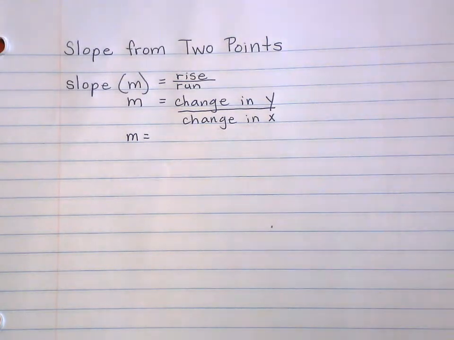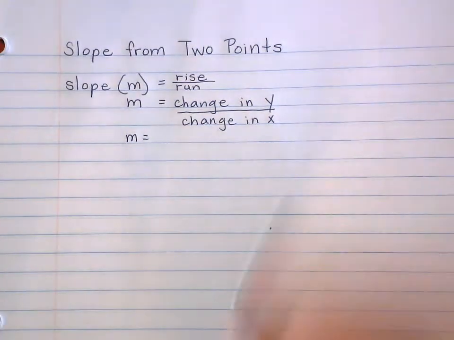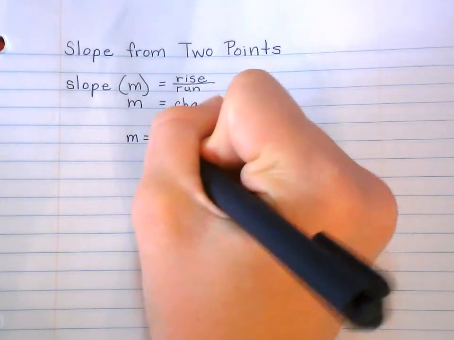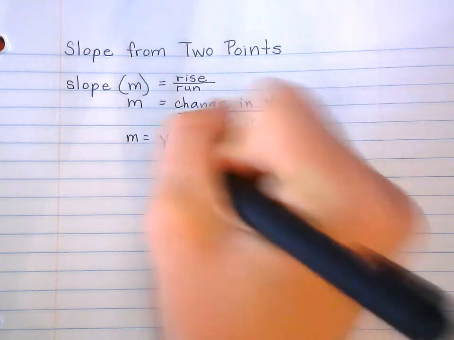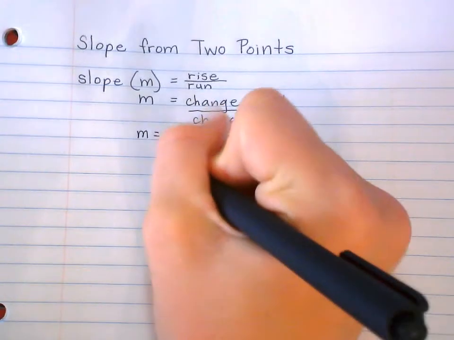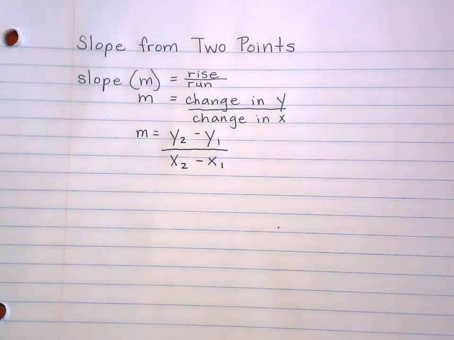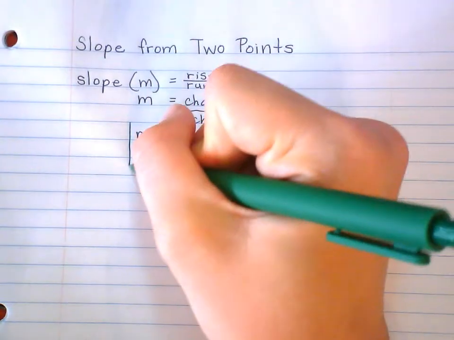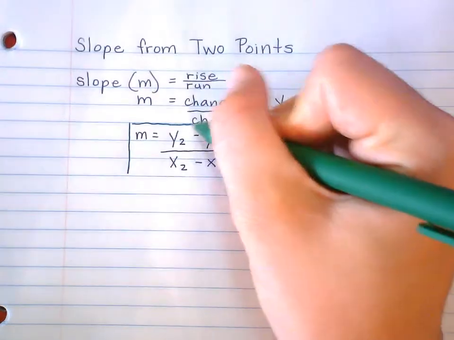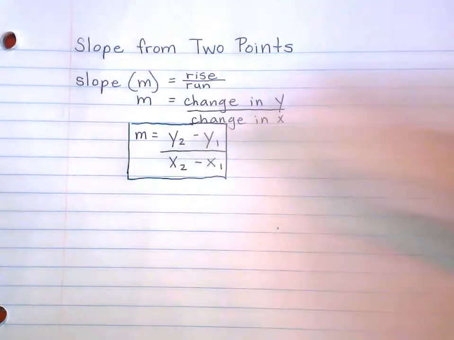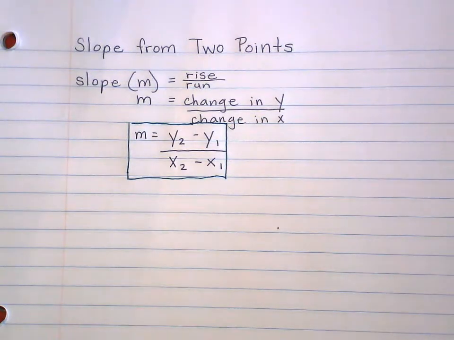The equation I introduced you to that I said don't worry about right now was m, so slope, equals y2 minus y1 over x2 minus x1. This is the equation we are focusing on in this video. And honestly, we've already been using it. We just haven't been using the fancy, proper lingo or jargon.